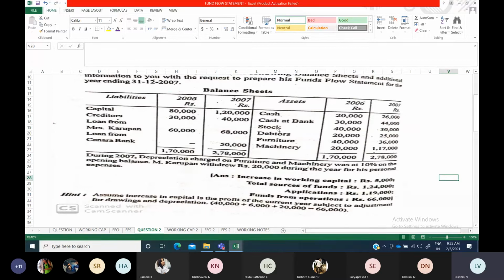Adjusted P&L, net profit information, statement, all those things are over. Fund from operations you have calculated. Now cash from operations you have to calculate, for that you will take only these two items. Only current assets you have to take. In that, cash and bank you should leave. You should skip that one.